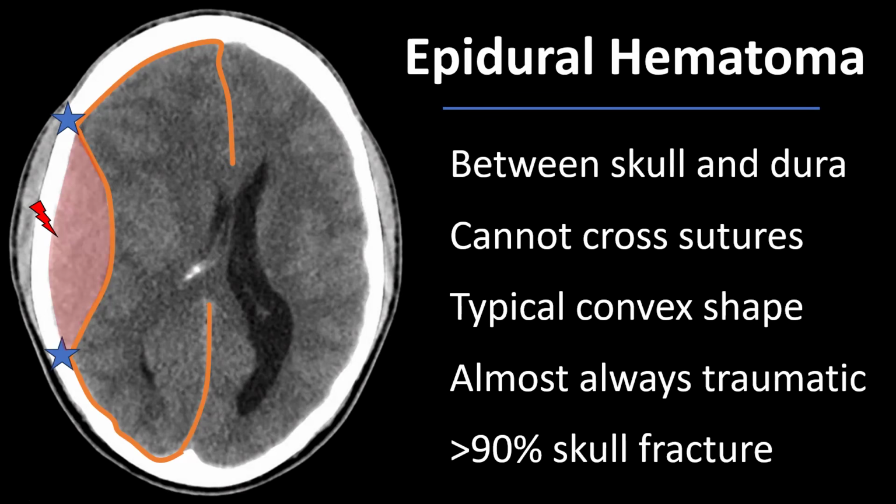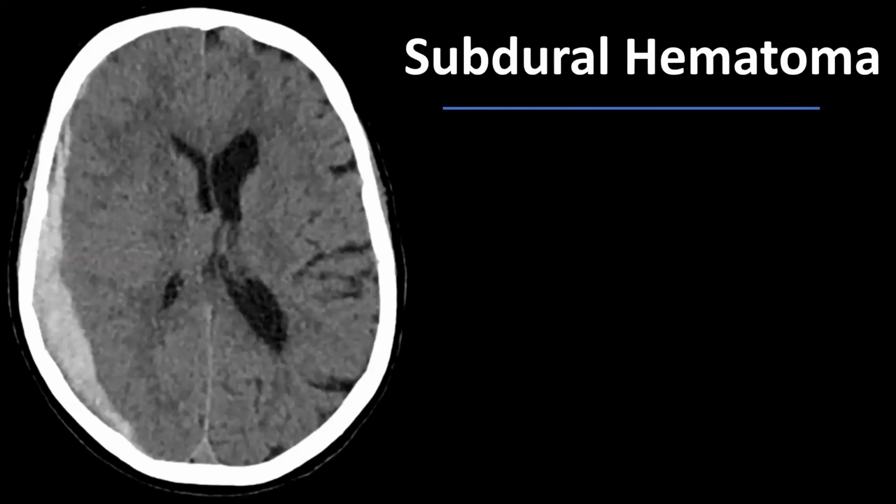Because it has a very typical convex shape, a typical lens shape. It seems to stop at the level of the coronal suture and the lambdoid suture, and an epidural hematoma cannot cross the sutures. And let's just pretend that I have also a bony window, which clearly shows a fracture line here. Well, these are all signs of epidural hematoma.